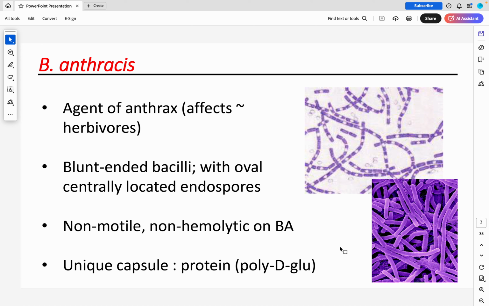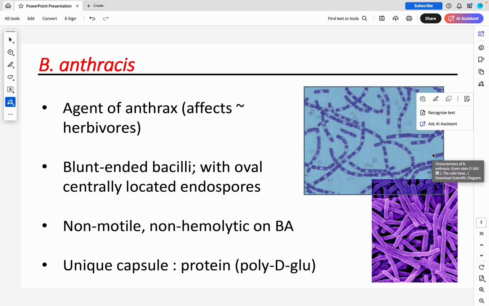Morphologically, the species appear as blunt-ended bacilli, as you can see in this photomicrograph, and the spores are located central to the bacterial cell, appearing as oval-shaped structures.